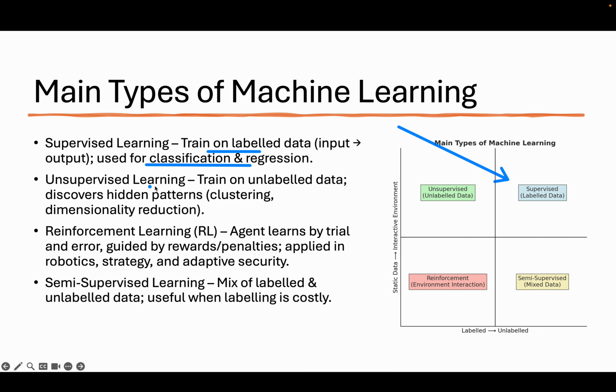Unsupervised learning is trained on unlabeled data and usually discovers hidden patterns in the data. And reinforcement learning is where agents learn by trial and error, guided by rewards and penalties, and usually it's applied in robotics, strategy, and adaptive security.